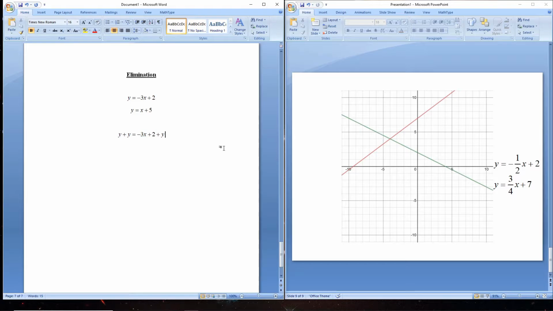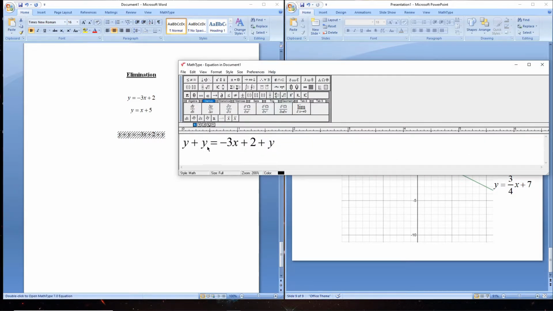You can add whatever you want to both sides. However, using the other equation, we know what y equals. y equals x plus 5. And so we can substitute these y's with x plus 5. And what I'm going to do, though, is keep the y's on the left the same, but on the right, this y I will change to x plus 5.